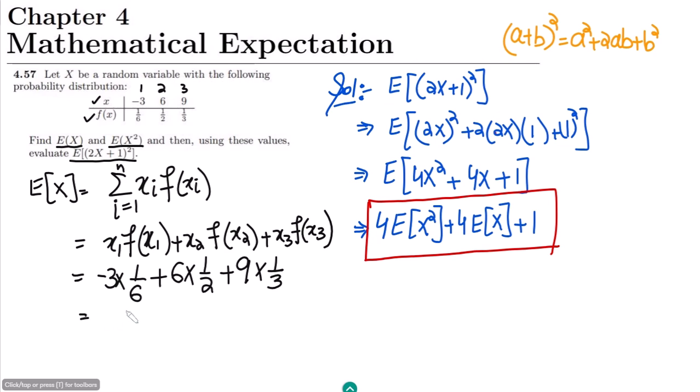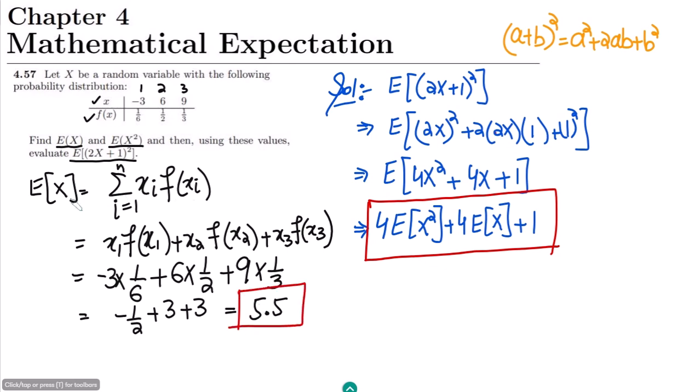Okay, so from here we will get minus 1 by 2 plus 3 plus 3. Okay, so evaluating it, we would get here the answer of 5.5, and that is for E of x.